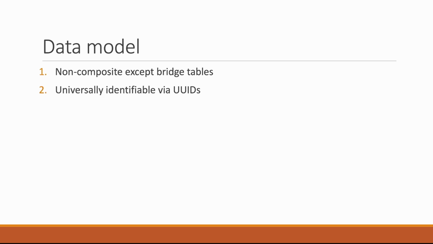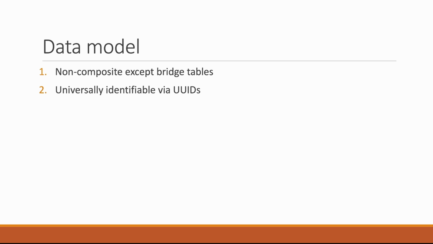The next one is the use of UUIDs. Every entity table has a column called UUID. UUIDs are universally unique IDs. So one UUID will not be found in the entire database again, or even in any other database.